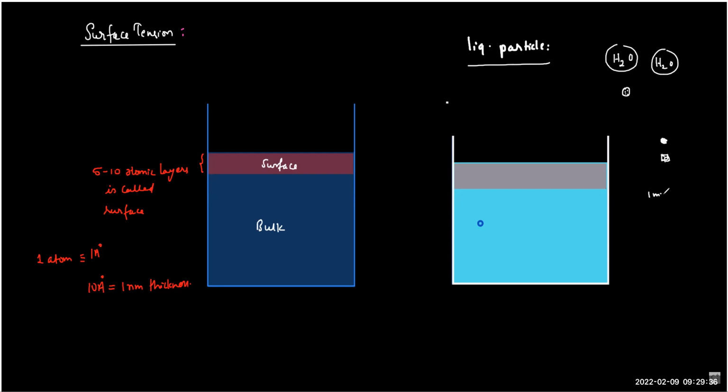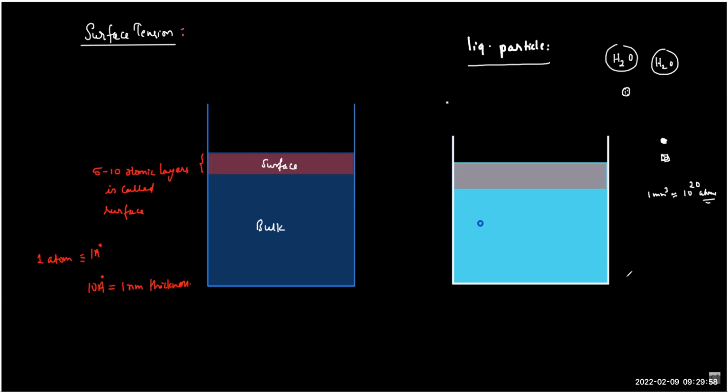So 1 millimeter cube roughly contains 10 to the power 20 atoms. That is the size of the atom, and you have to take roughly 10 to the power 20 molecules or atoms to occupy the 1 millimeter cube.